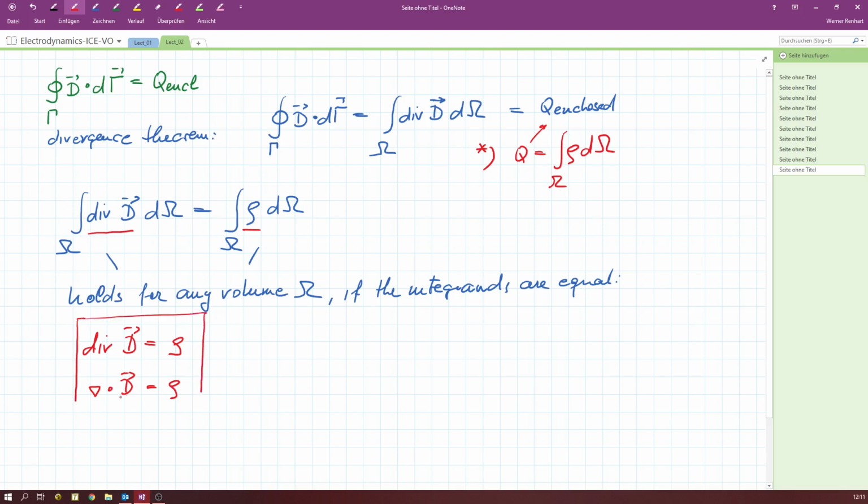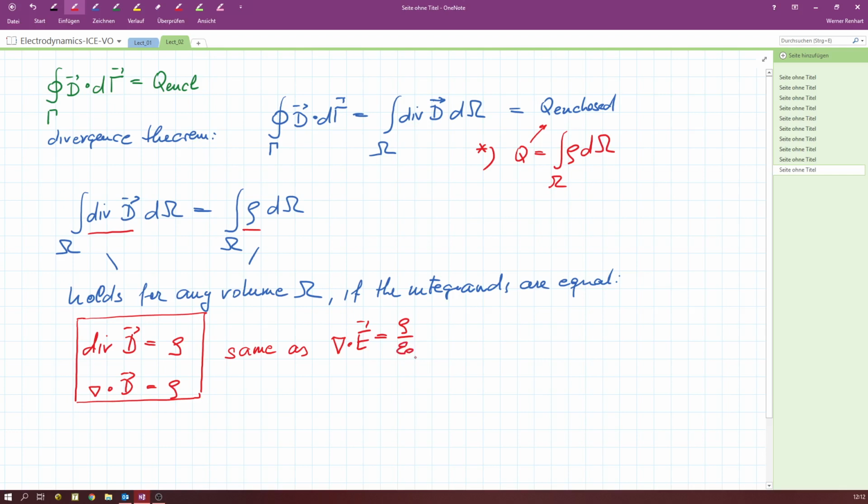This is the same as the divergence of E equals rho over epsilon 0 for free space, because epsilon 0 is a constant.